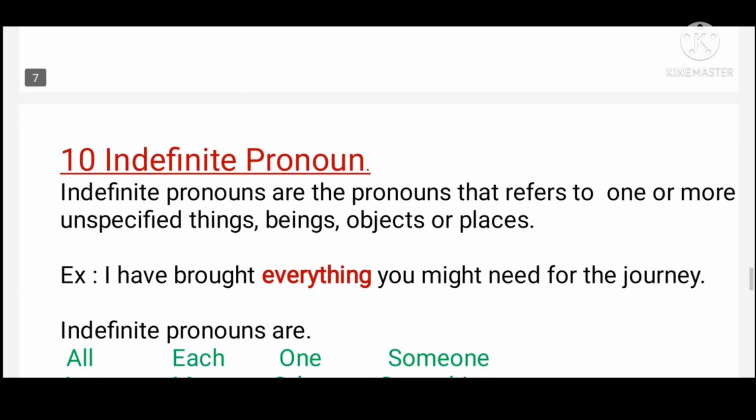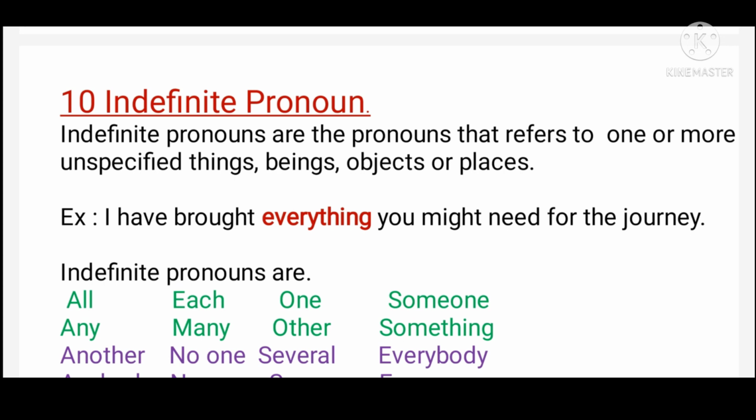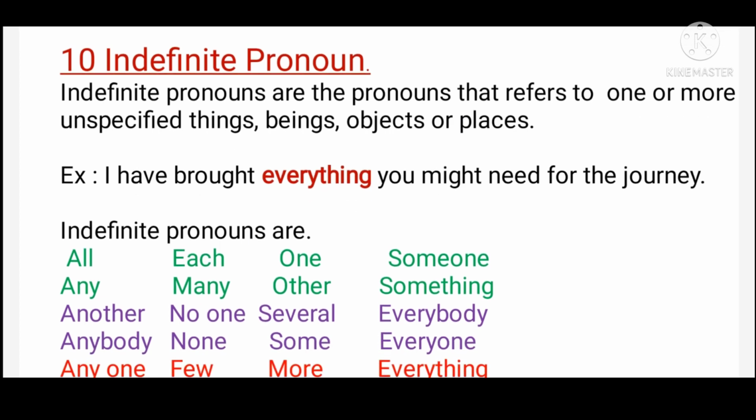The last type of pronoun is indefinite pronoun. Now, indefinite pronouns are pronouns that refer to one or more unspecified beings, things, objects or places, right? For example, I have brought everything you might need for the journey.